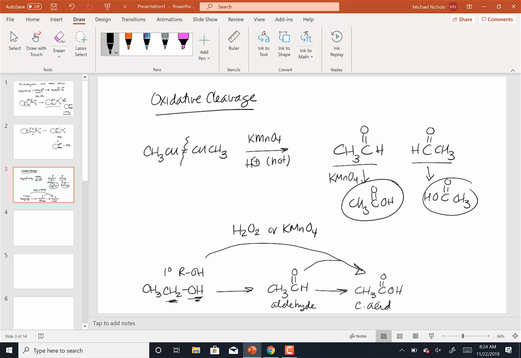So we have to keep that in mind. So erase the double bond, replace with two C=O double bonds, check if there's any aldehydes, they need to be oxidized to the carboxylic acid when I'm using KMnO4 and acid.